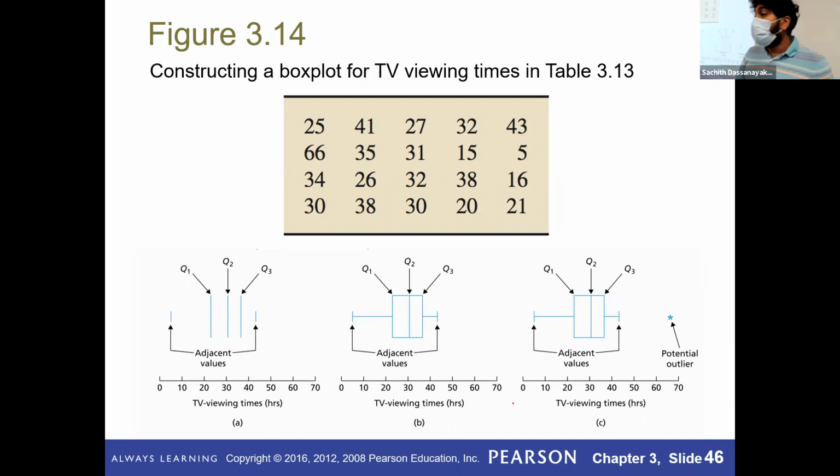This is how we draw a box plot. Why do we call this a box plot? Because we box these Q1, Q2, and Q3 values. We box those 3 values into one single box. First, you have your axis. This axis represents your values, your observations. Then on top of this axis, you mention your findings, which means Q1, Q2, and Q3, like vertical lines.